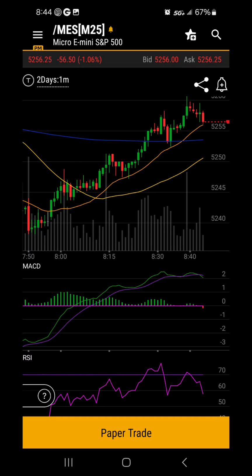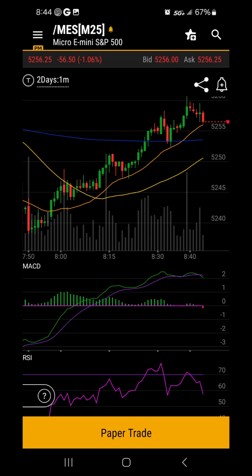I think I get a little confused sometimes. It is tracking and using the orange SMA here as the support when it keeps going down and hitting it, and we are right at that support right now. So the 1-minute chart is telling me that I think we're going to go up.